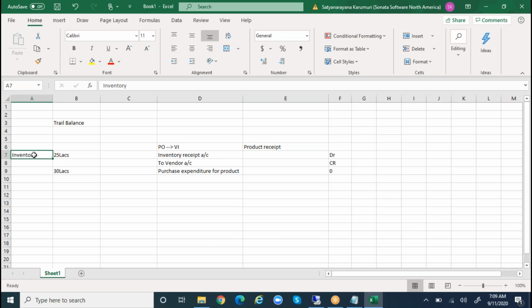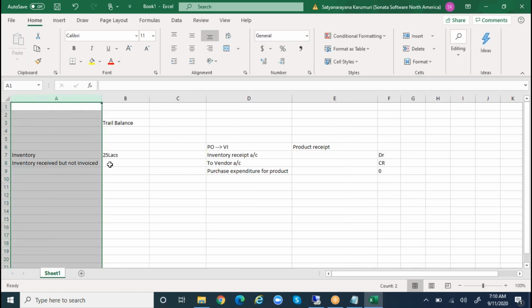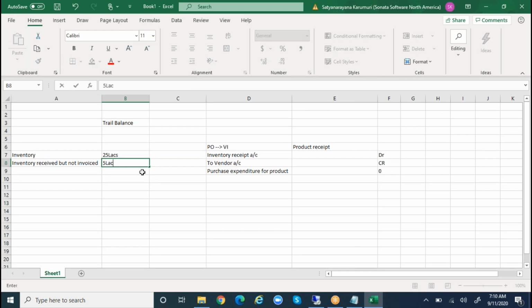This is inventory, and now I want to track in the system inventory received but not invoiced. Making sense? It is 5 lakhs. Then I can understand the total of 30 lakhs. Is it a good idea?